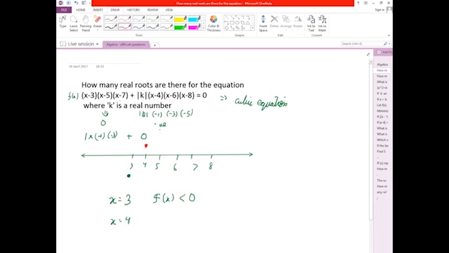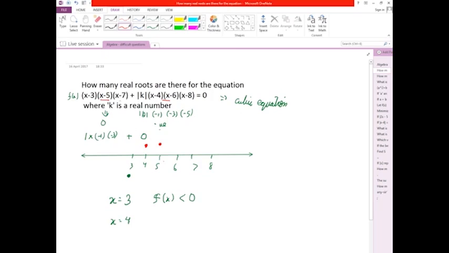Same way we check for x is equal to 5. The first part is 0, and the second part will be positive because 5 minus 4 is 1, 5 minus 6 is minus 1, 5 minus 8 is minus 3; minus minus plus. So overall this expression is positive at x is equal to 5.